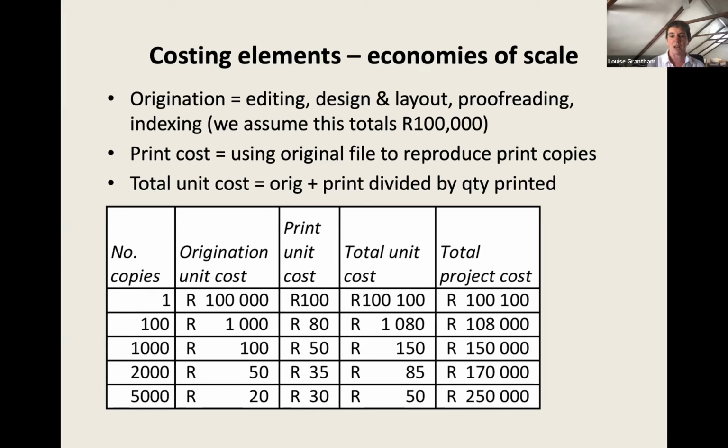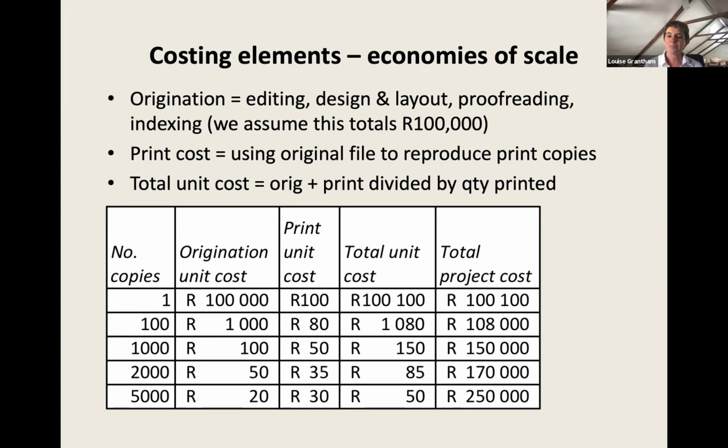And it comes down to what's now looking quite reasonable compared to the first example of 1,000 Rand for the origination. The print cost would probably come down a bit. So let's say that's 80. So now we've got 1,080 Rand unit cost, and our total project cost is 108,000 Rand. So I hope you're all with me on that.